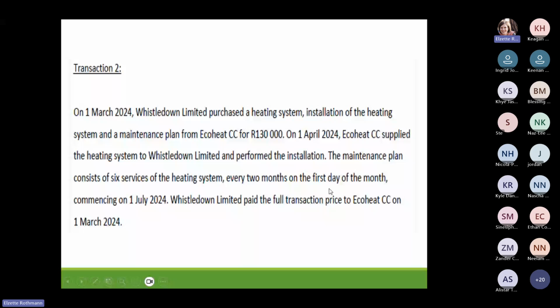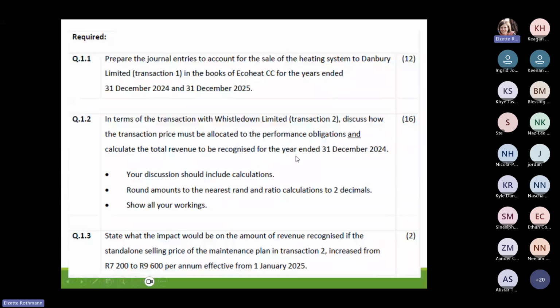Okay, so meaning that for the maintenance plan at the end of the year, we wouldn't have the 6 services yet. We're only going to have a portion of that. Okay, and our year end is still in December, because in the required part, they ask you to do this for the year 31 December 2024.